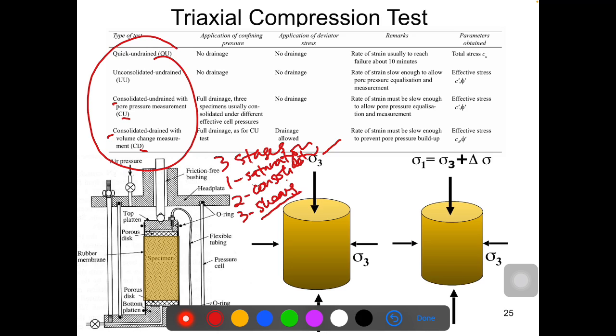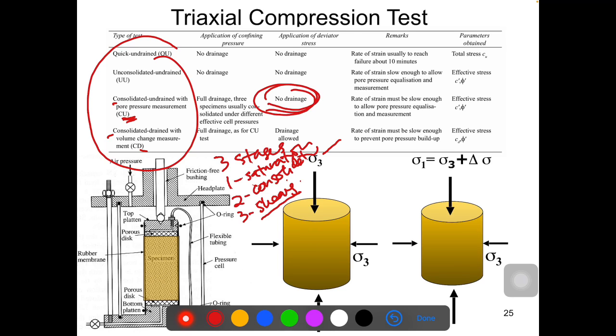U, if during shearing you close the valve. If you close the valve, there is no water coming out from the specimen, so it is undrained. No drainage during shearing. You close the valve, so it's undrained.